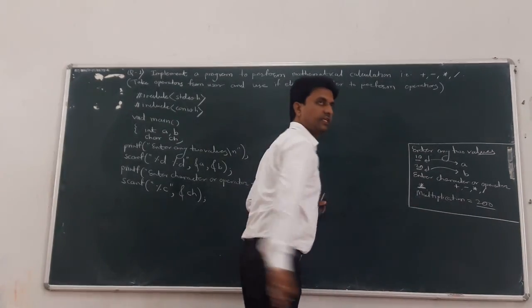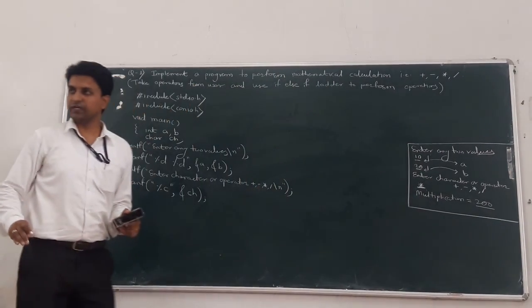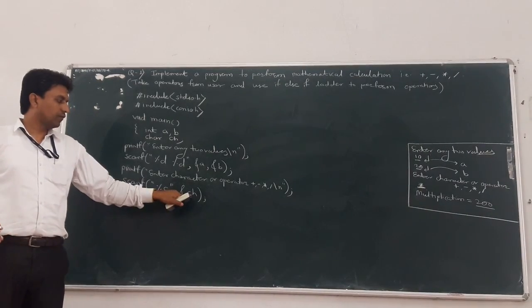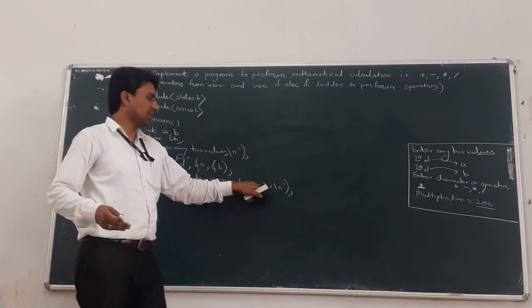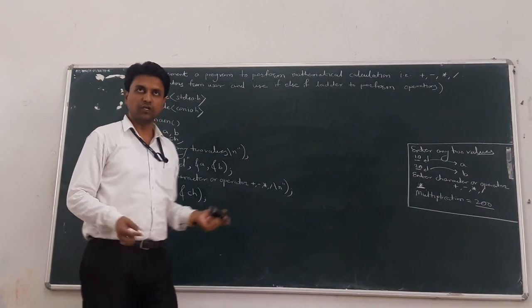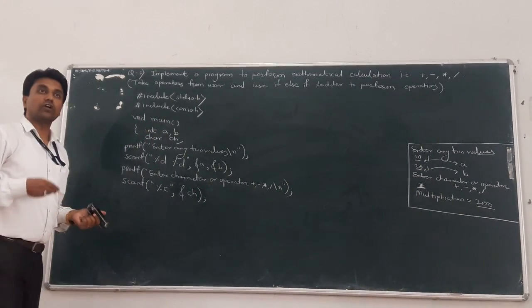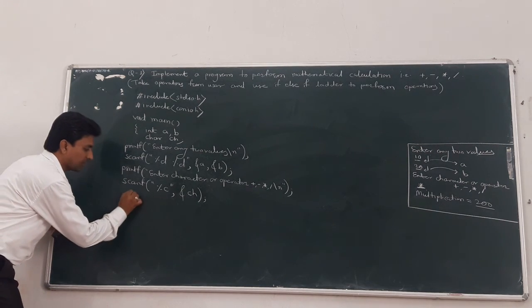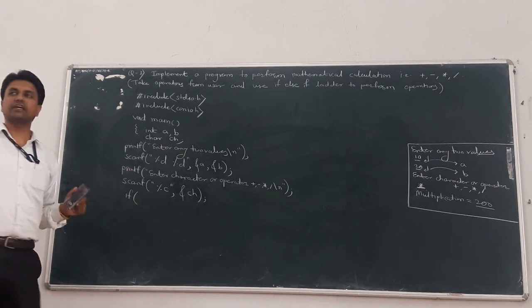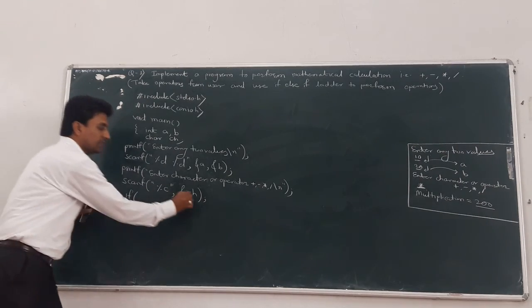After that, now use the ladder. Okay, because we don't know what the character is. When the user enters plus, minus, star or division operator, any. So check what the user enters, which operator the user enters. For that purpose use if ladder, if else if ladder. So this is the ch.